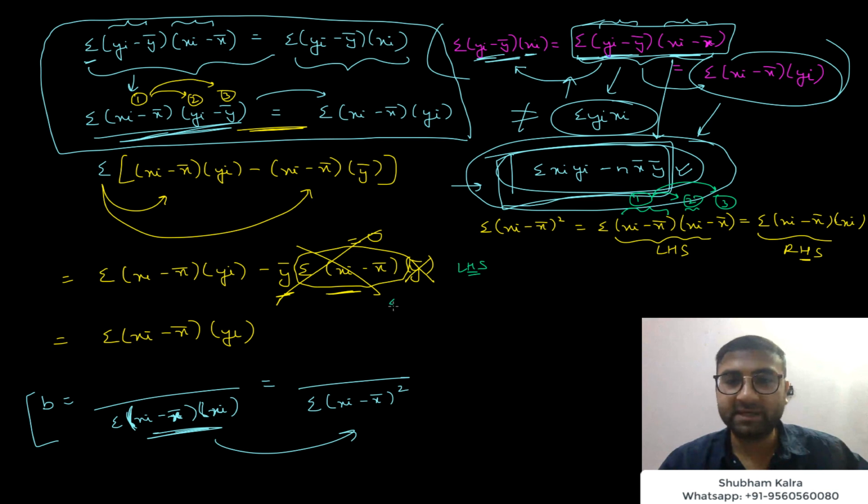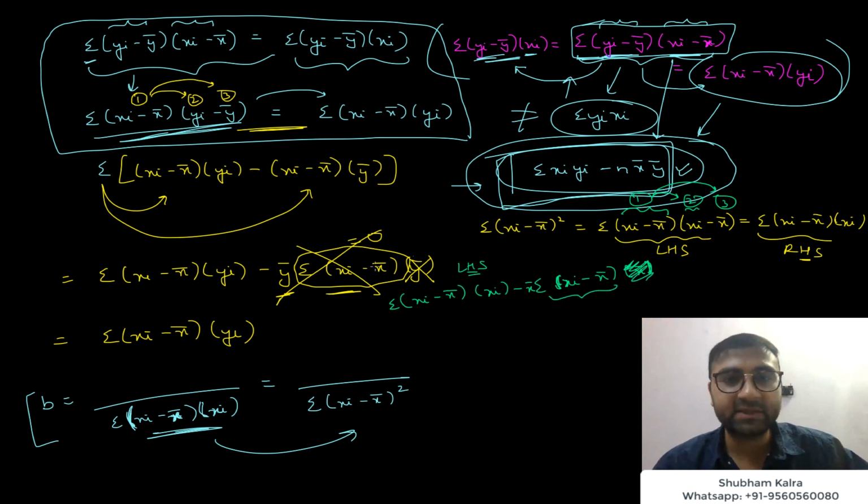So LHS will become summation of xi minus x bar multiplied by xi, minus summation of xi minus x bar multiplied by x bar. Now once again, you don't have to write x bar inside because it's a constant. You can take it outside. Summation of xi minus x bar will become equal to 0.